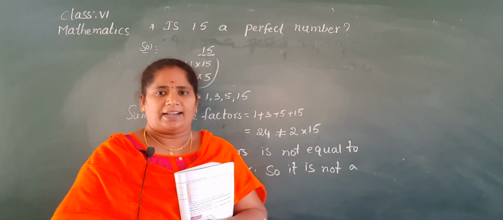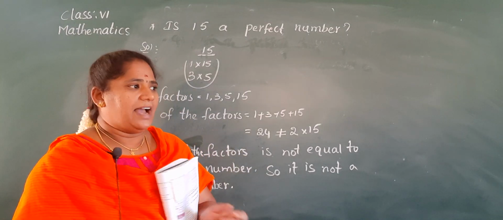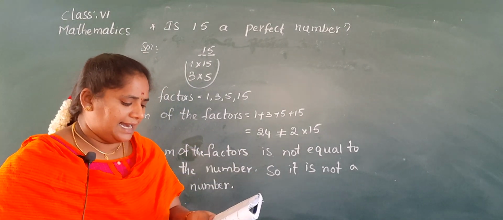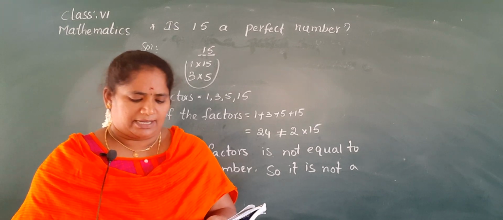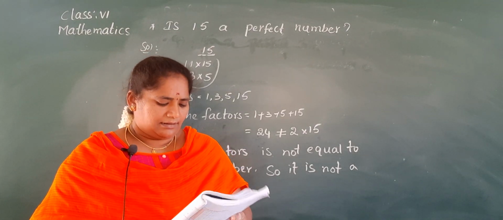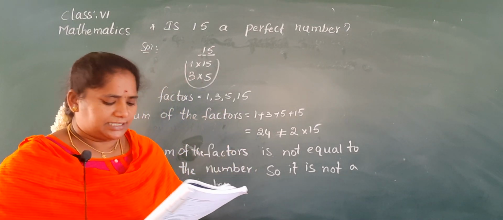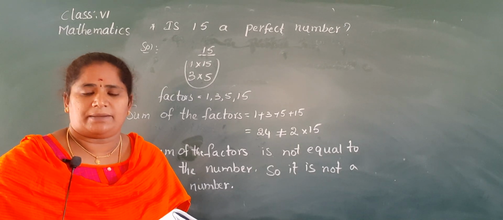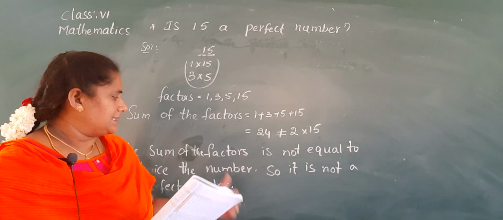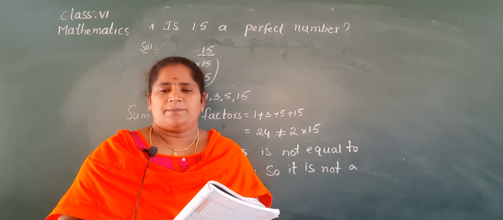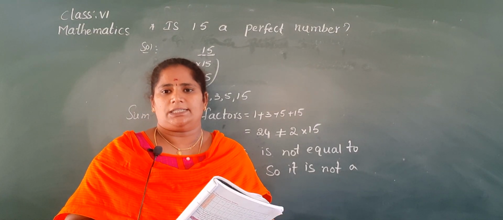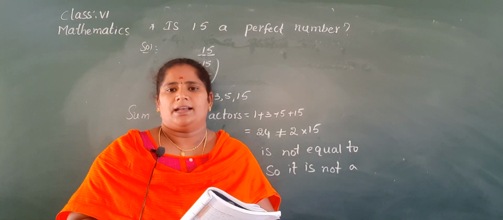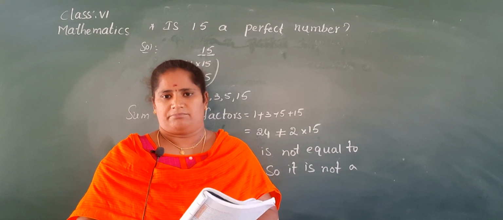The factors are countable and the factors are always less than or equal to the given number. And we completed the check your progress also. And what is meant by perfect number? Yes, if the sum of the factors of the given number is equal to twice the given number, then that is said to be a perfect number.